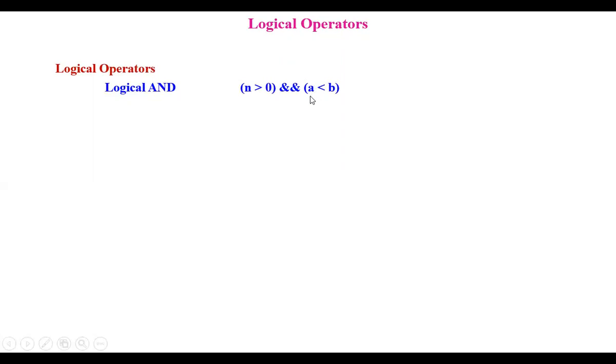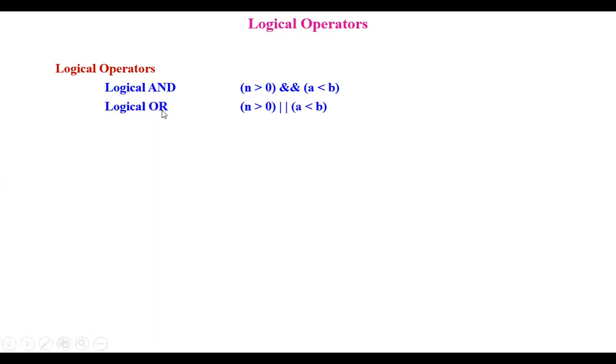Second condition, whether A is less than B or not. Both these two conditions are tested, and if both are met, then it gives out an output like it's positive, that is true, right?